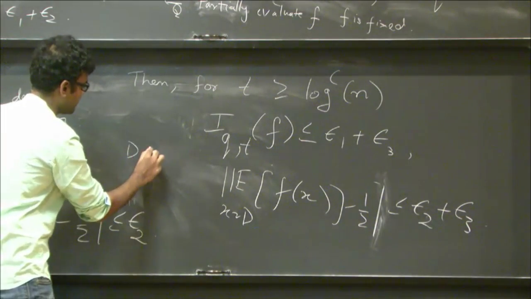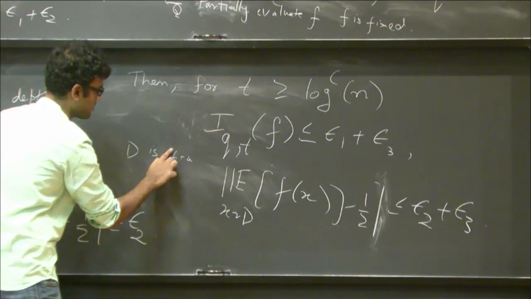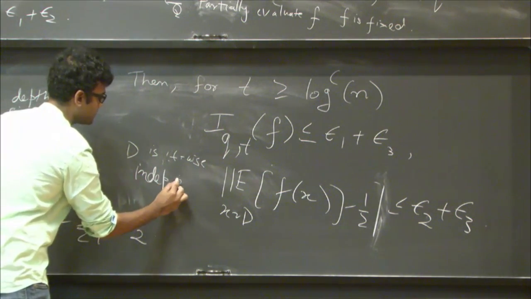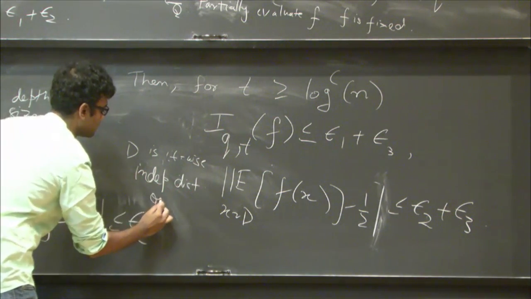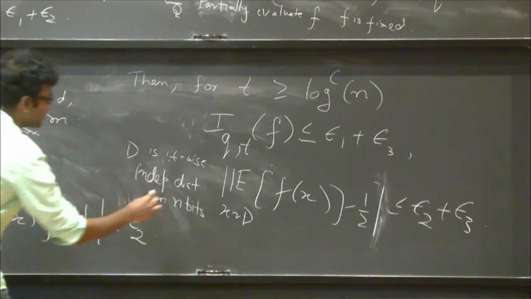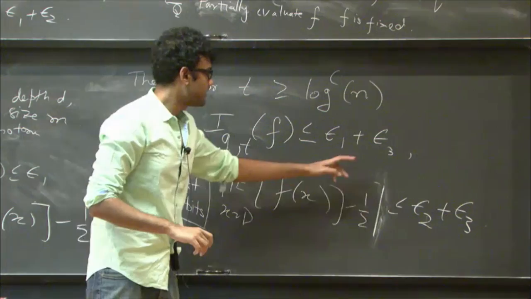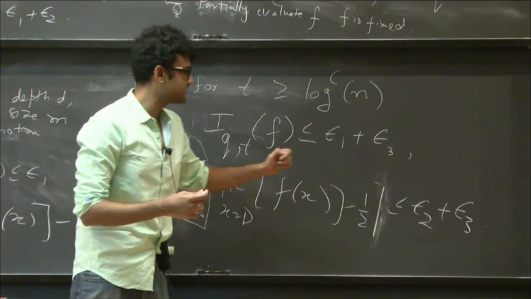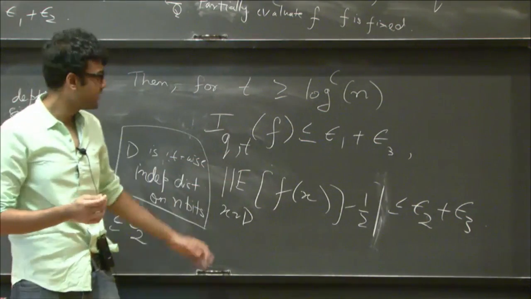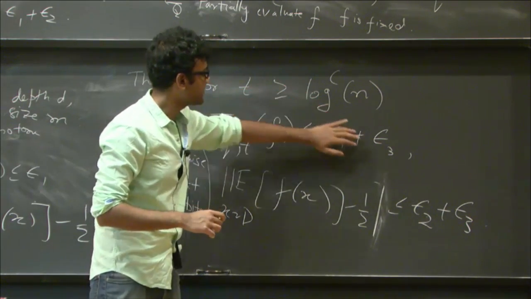where d is any t-wise independent distribution on n bits, and think of epsilon 3 as a small inverse, so 1 by n power say 0.1, and this affects this constant c.